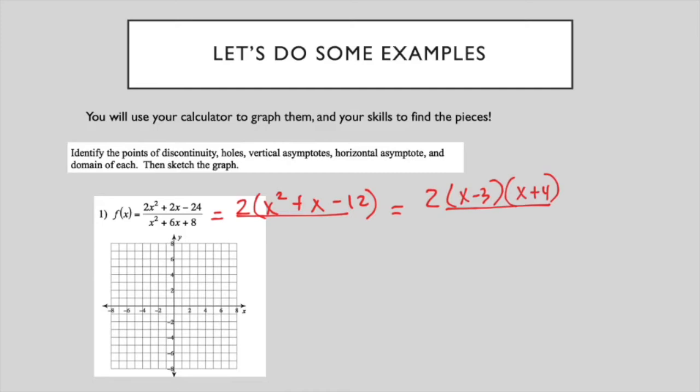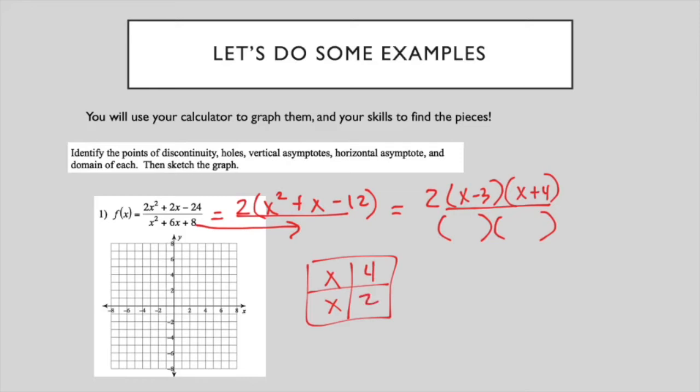Now the denominator. I don't even need to put it there, because we can just factor it right there, okay? We're going to have x and x, and we can do the box method. I heard 4 and 2. Adding them both or subtracting them both?